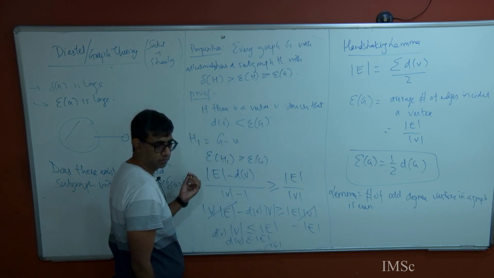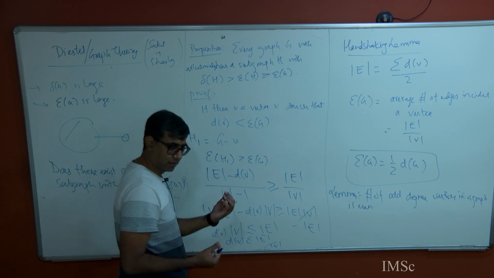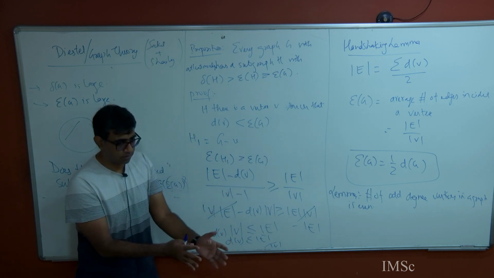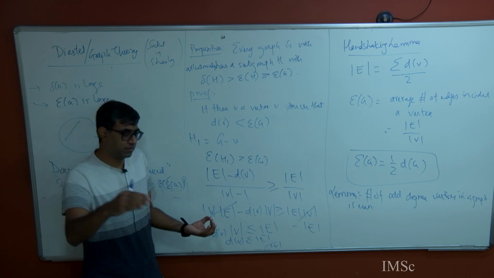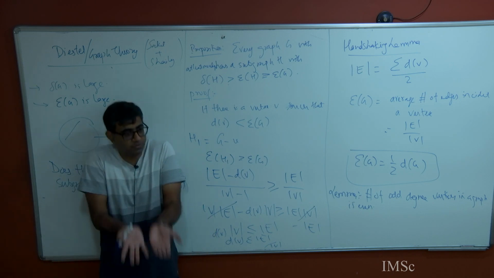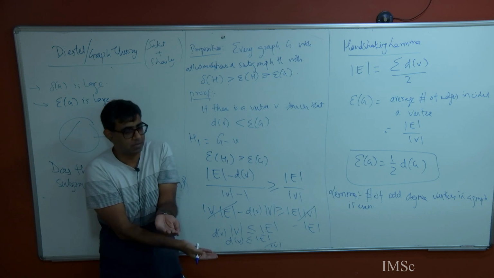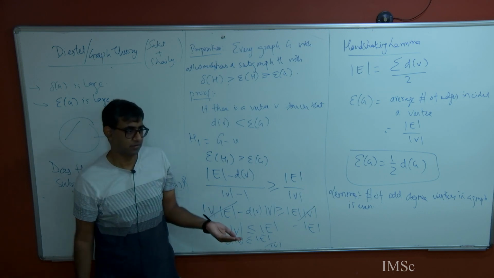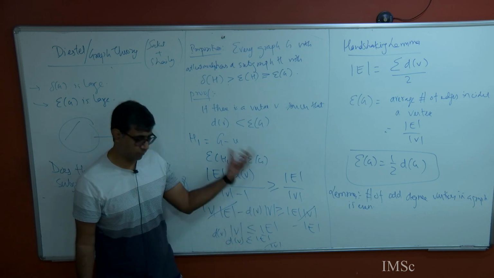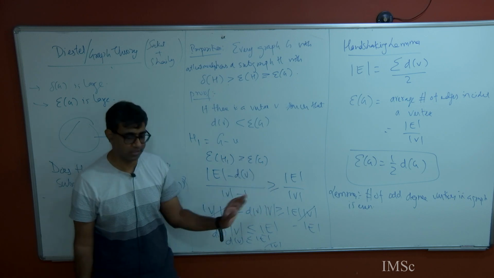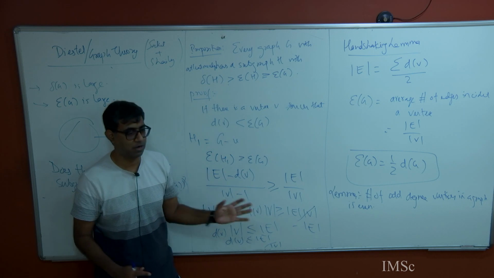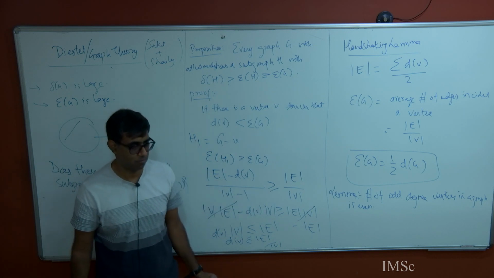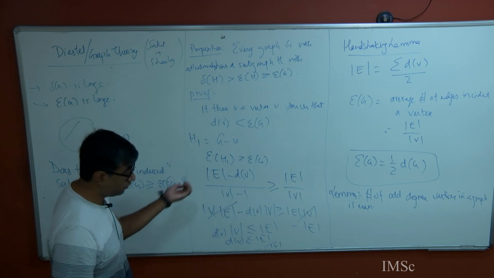Think of it like this: everybody is contributing something, and I have only removed someone whose contribution is strictly less. So everybody else's contribution can only go up because you're dividing by a smaller number. That's it, right? So this is all it is. Since you wanted to do maths, I did maths. But the best way is to always think intuitively why this is true. Maths will go through.